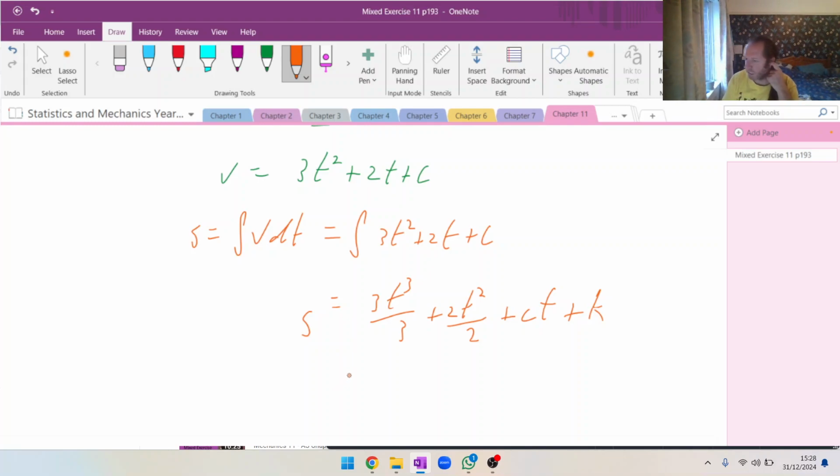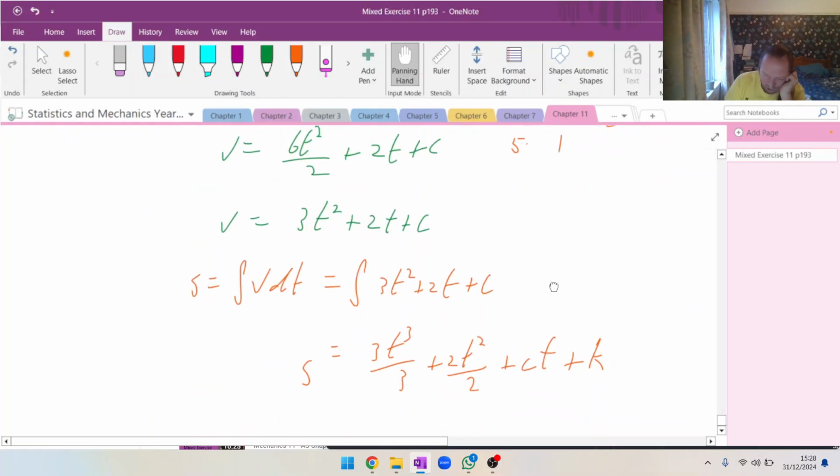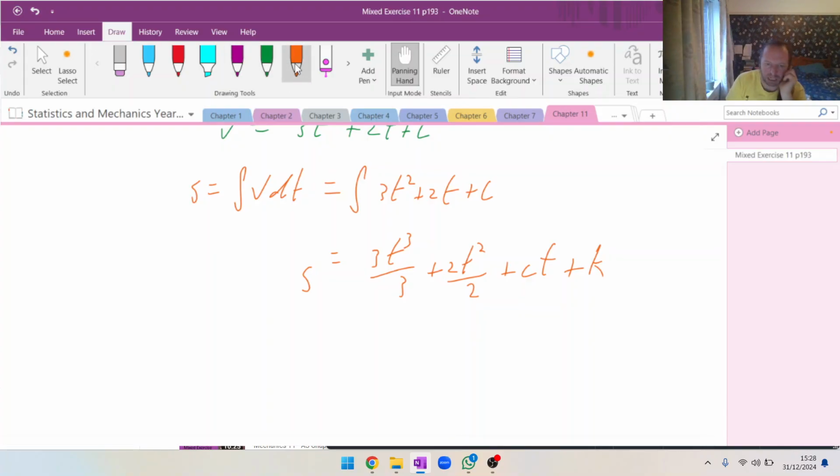Let's just pretend its distance was 0, and then it's 50 meters in the 4th second, from 3 seconds to 4 seconds. Let's take a datum as the distance being 0 when, in fact, let's tidy this up first. S equals t cubed plus t squared plus ct plus k.